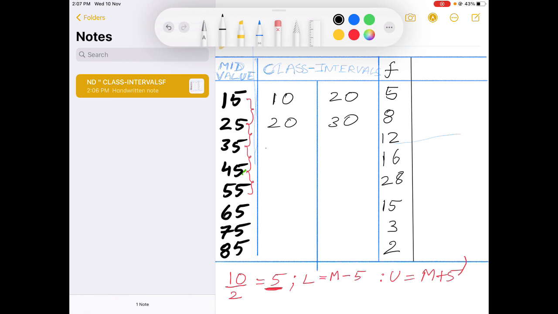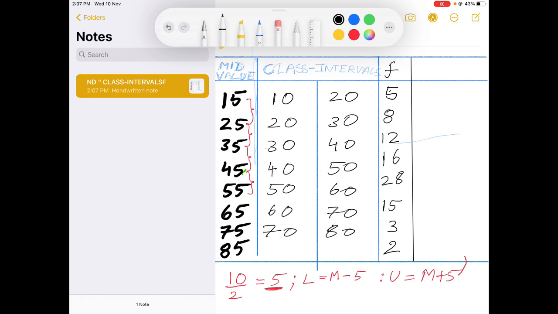For the third one, 35 minus 5, 30, 35 plus 5, 40, 45 minus 5, 40, 45 plus 5, 50, and so on. So 50 to 60, 60 to 70, 70 to 80, 80 to 90. So these are my class intervals.